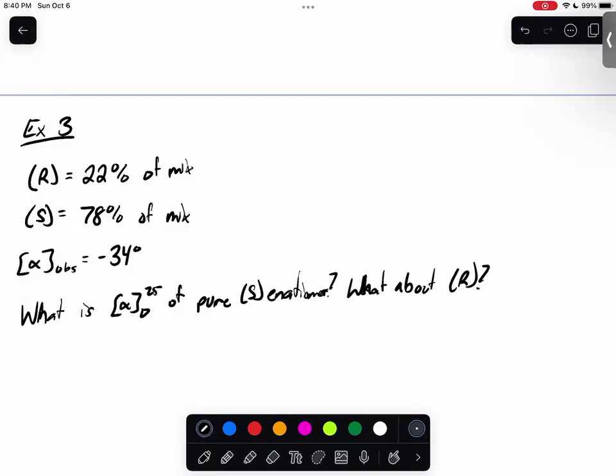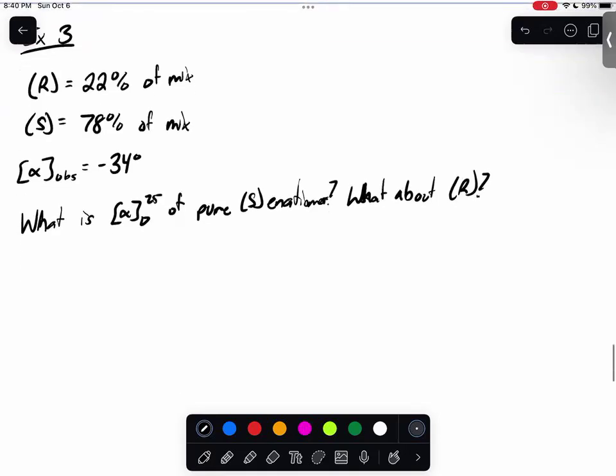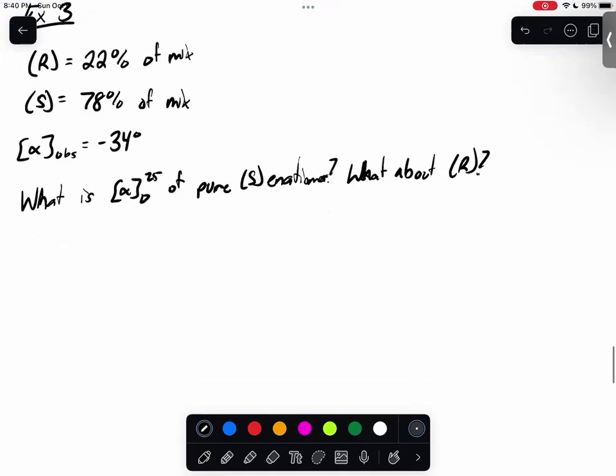Okay, so let's figure this one out. First thing we need to do is, given this, we kind of have to work backwards. All right, we know the equation to find that specific rotation because we know that the observed divided by the specific times 100% gives us our EE. And there was an equation I used a little earlier that actually allows us to find EE, right?